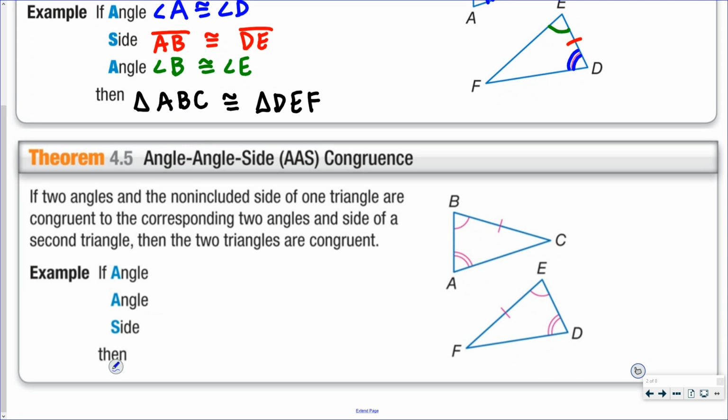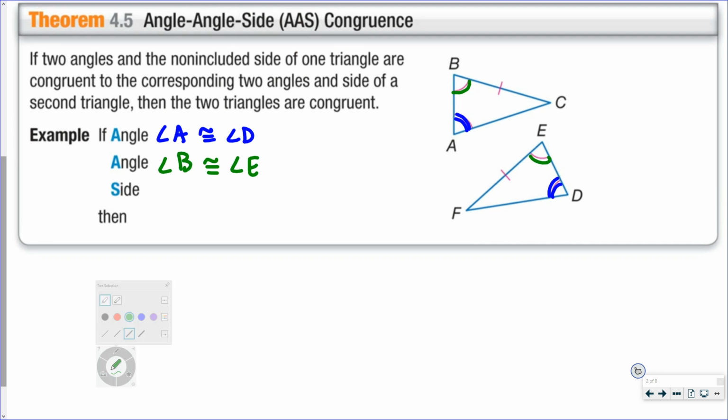So if we know, let's go in the right order, angle A is congruent to angle D, and the next angle, B, is congruent to E. And then if you know the side, angle, angle, side, BC is congruent to EF, then you can state that the two triangles are congruent.